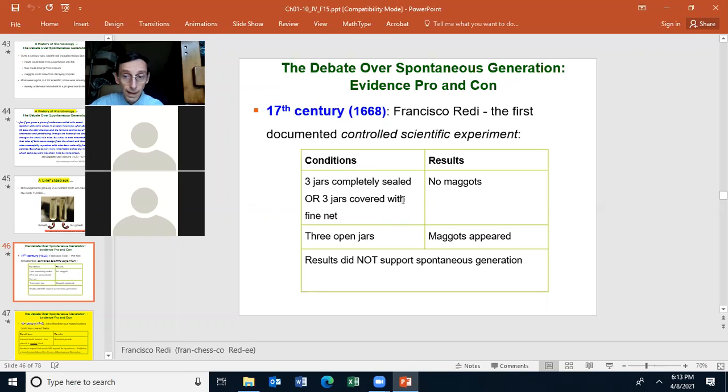After his day, people did not believe that large living organisms, like a maggot, and that's large compared to a microscopic organism, could spontaneously generate. But people still argued for the spontaneous generation of microorganisms.